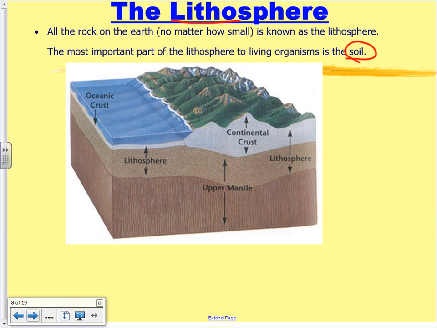Okay, and so anytime we're talking about any part of that rocky part of the Earth, we're talking about the lithosphere. The lithosphere is important for absorbing solar energy. It obviously has different colors and things like that, but it doesn't move. It's not fluid. It doesn't transfer energy very well from place to place, but it's great at absorbing it. Its temperature can increase quite rapidly when exposed to sunlight.